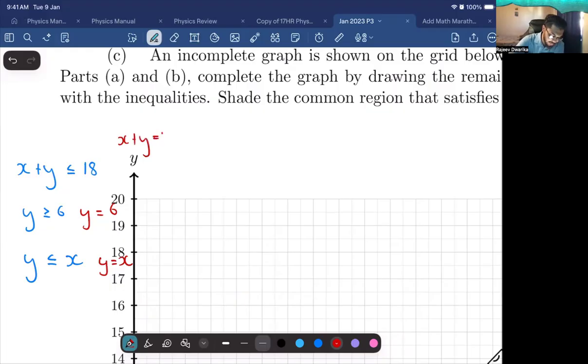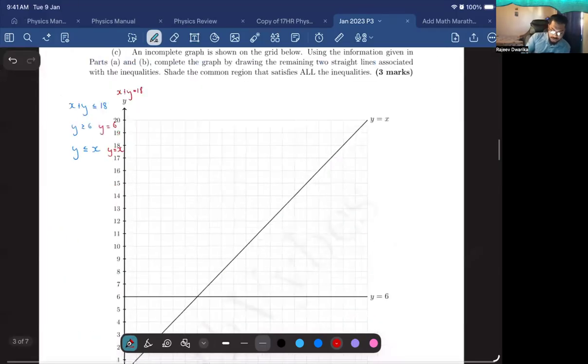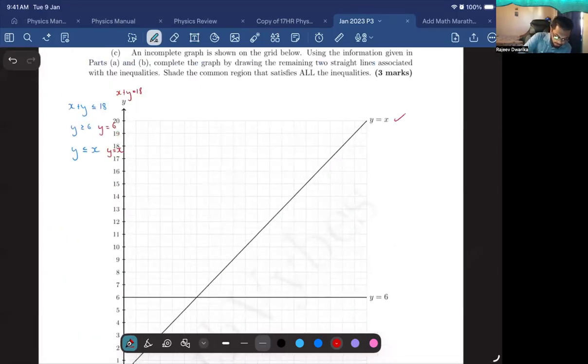Now, if you look at the graph, don't they already have y is equal to x? Yes, sir. And don't they also have y is equal to 6? Yes, sir.